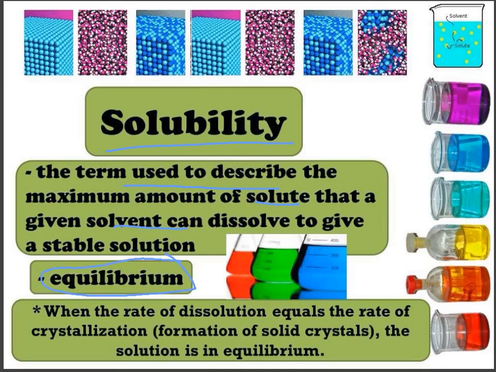A very good example of a condition wherein equilibrium is attained is when the rate of dissolution equals the rate of crystallization for the formation of solid crystals. When the rate of dissolution equals the rate of crystallization, the solution will already be in the state of equilibrium.